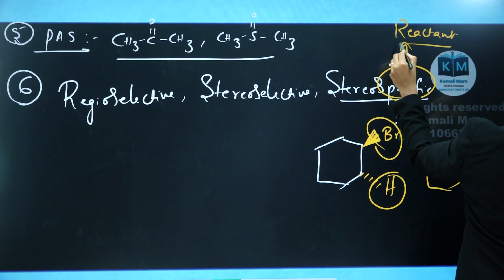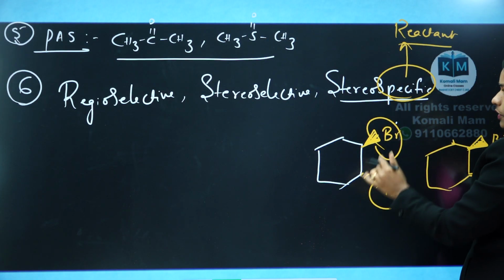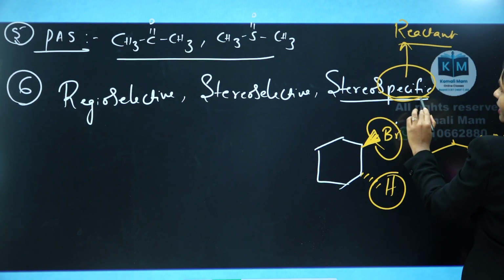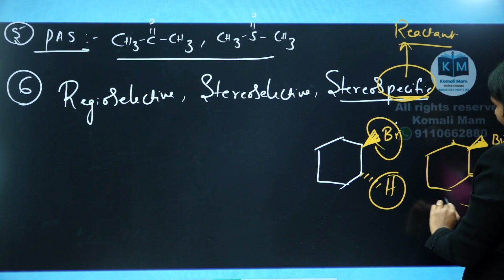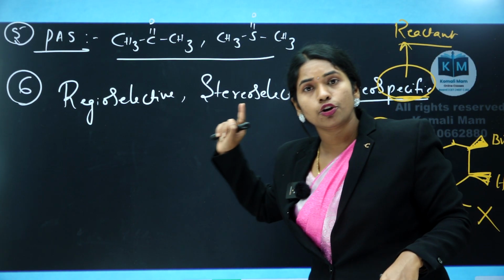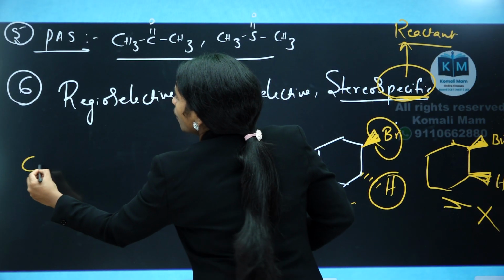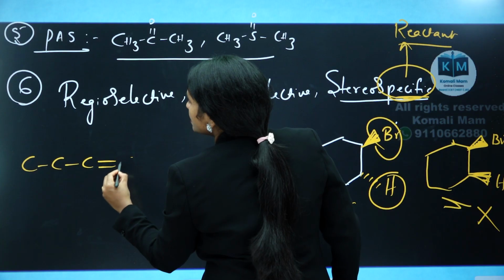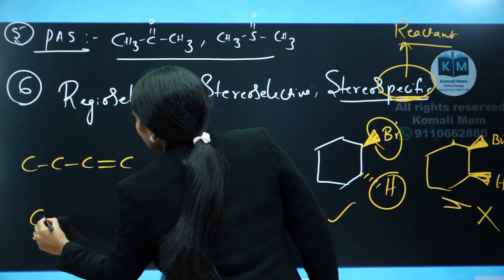Out of these two particular reactants, one reactant is not involved, one is involved, then we call it stereospecific. And coming to this, you see, 1, 2, 3, suppose I got 1-butene as a product after elimination.